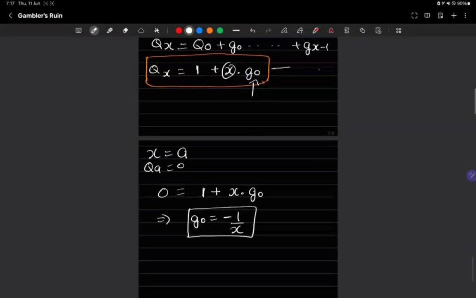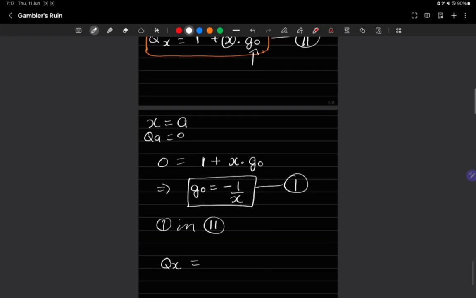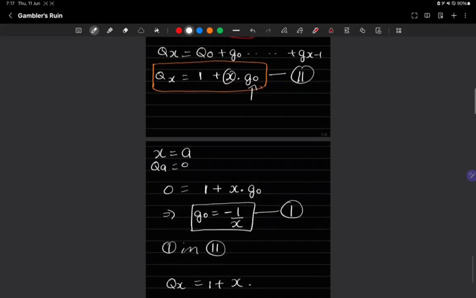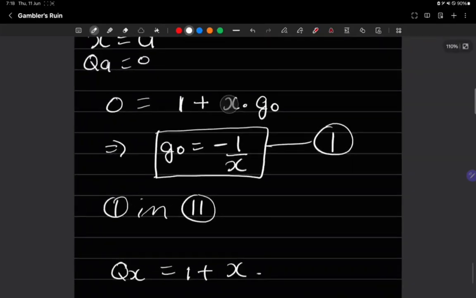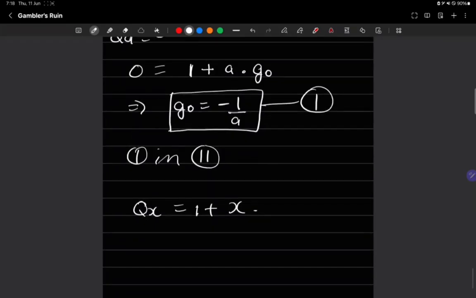So if we put that again, so Qx becomes 1 plus x into, okay, there's a slight mistake here, it should be a, because we have taken the value x is equal to a, so that will be G0 is equal to minus 1 by a.